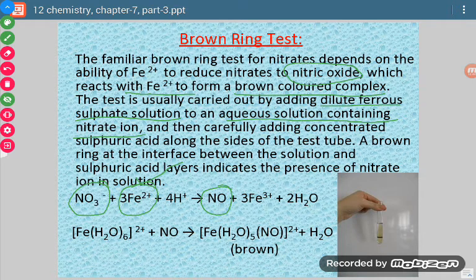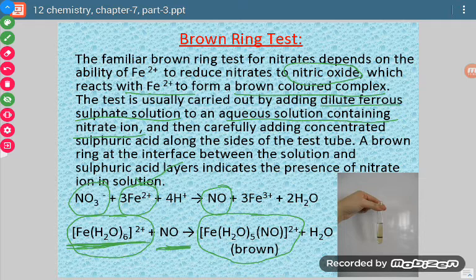Now since we have added ferrous sulfate solution in excess, this thing represents ferrous sulfate solution. Hydrated ferrous ions will combine with nitric oxide and there will be formation of a brown complex. This is the brown complex which will be formed. Now how can we check it has been formed?